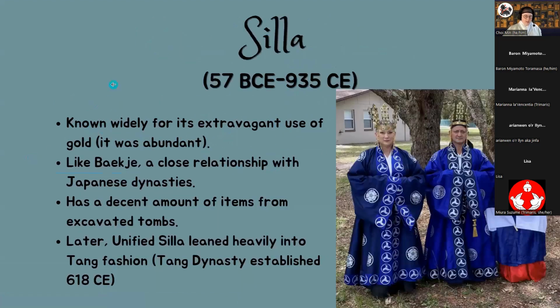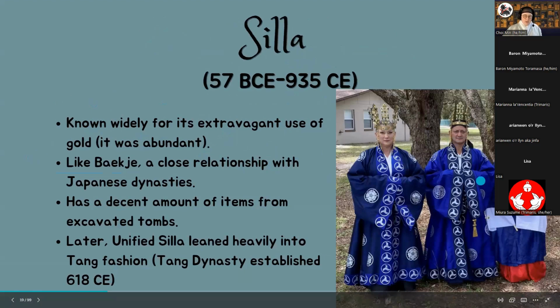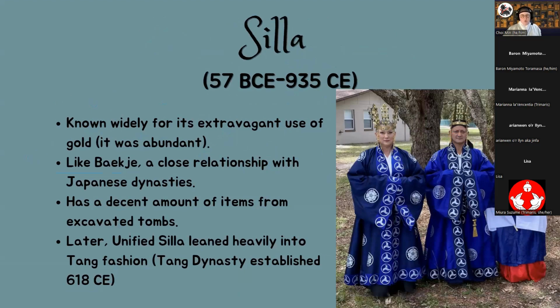So here's Silla dynasty. Here are their majesties of Trimaris, and then the lovely Song Myung-soo who made their outfits, and then they made their own belts and crowns to match their Silla dynasty style outfits, and I think they're super cool. So just put that picture in there.